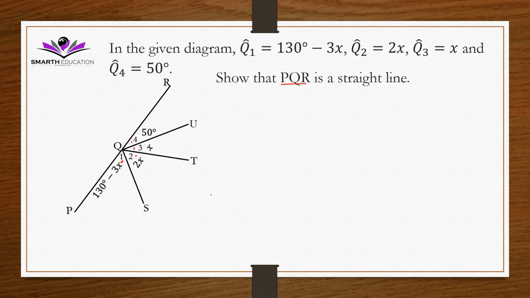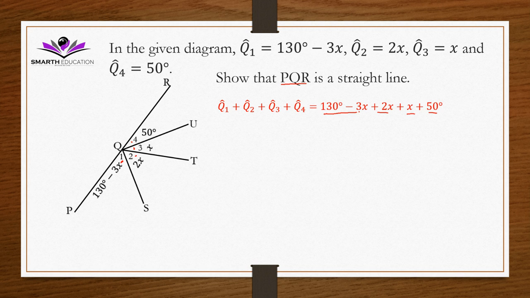If PQR is a straight line, then the adjacent angles must add up to 180 degrees. Let's see if these four angles add up to 180 degrees. We add angle Q1, angle Q2, angle Q3, and angle Q4.